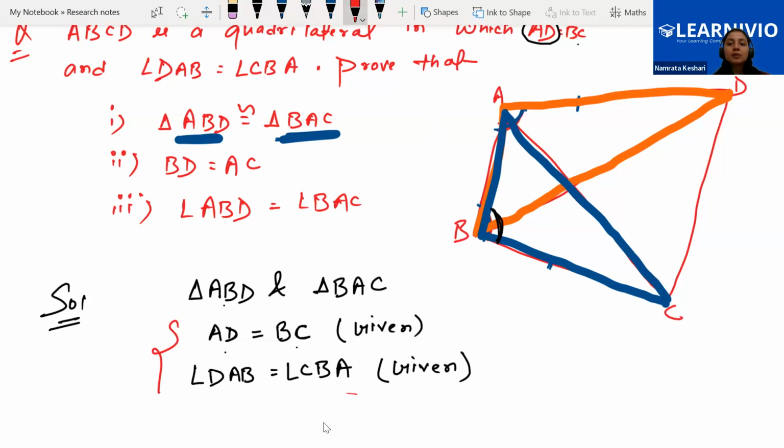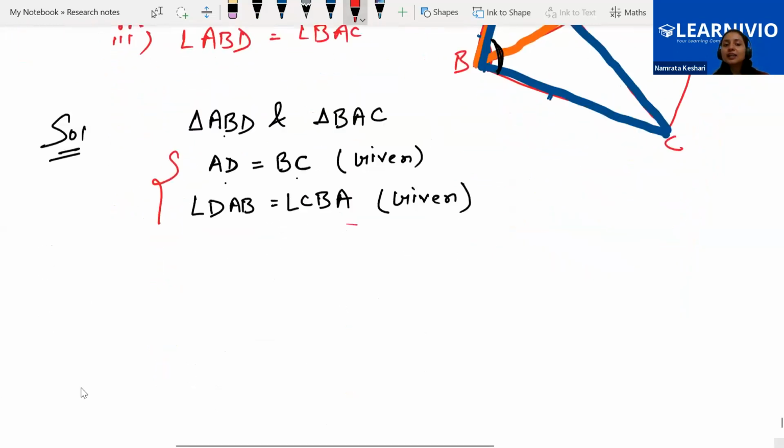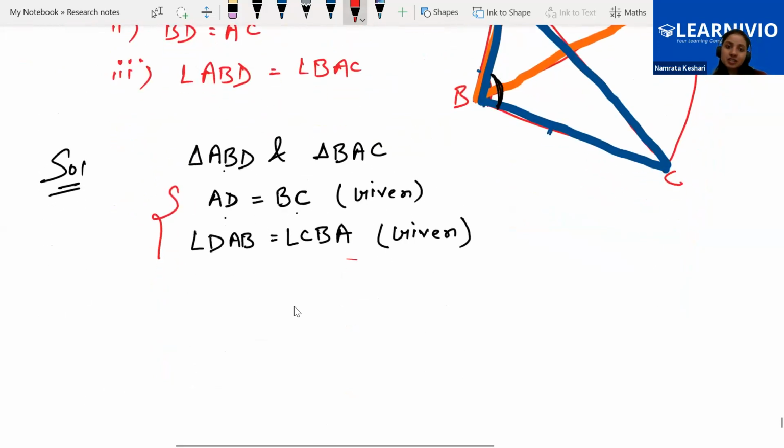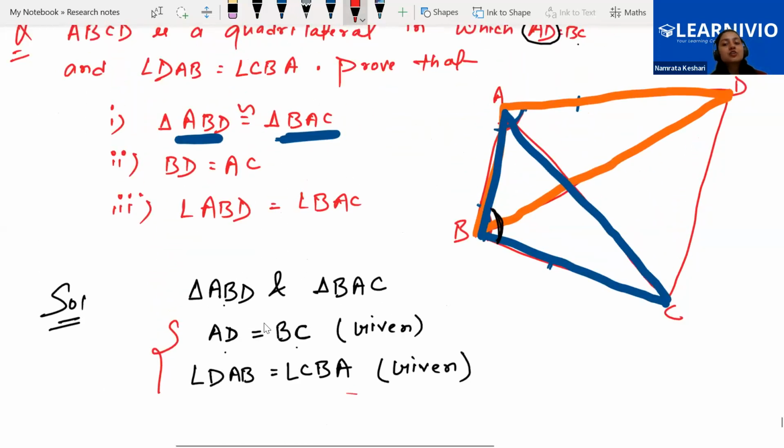What else is common in this orange and blue triangle? I have just listed down whatever is given, and I am asking what else we know from this orange and blue triangle. What is common apart from the given information?